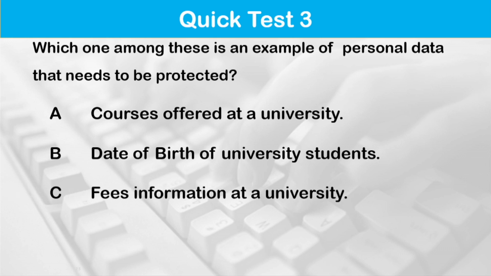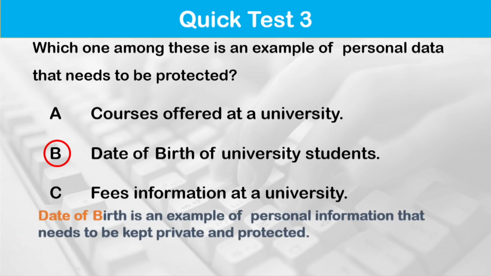Or C, fees information at a university? The answer is B, as date of birth is an example of personal information that needs to be kept private and protected.